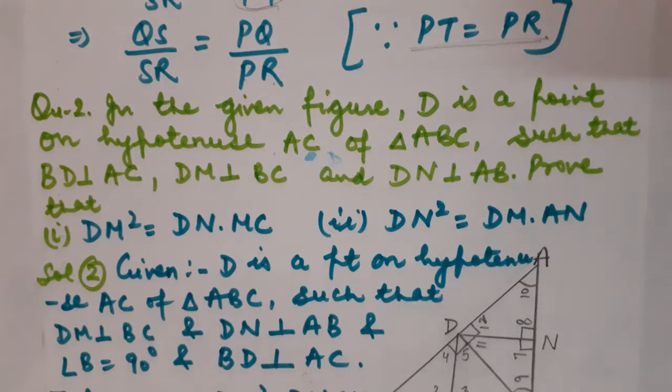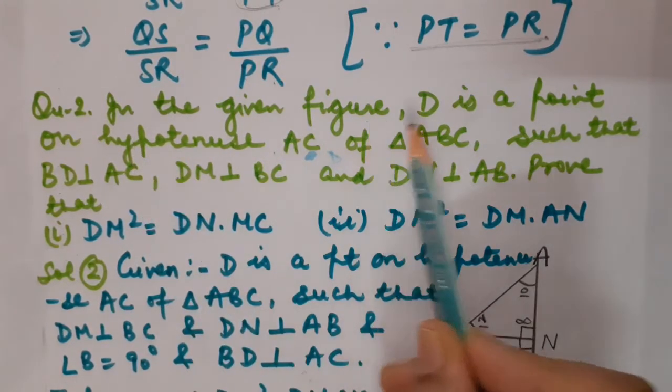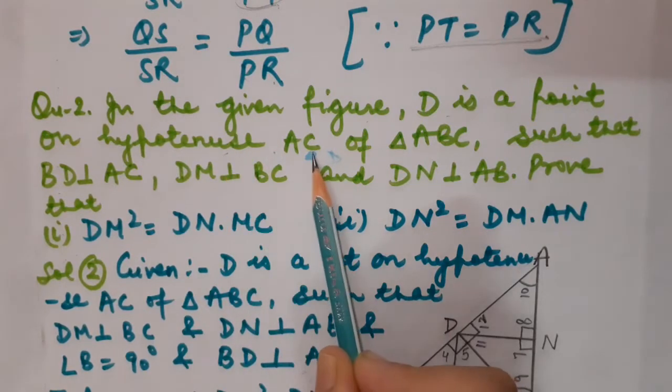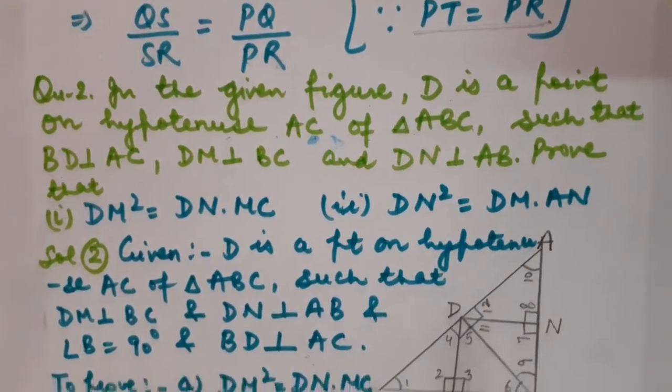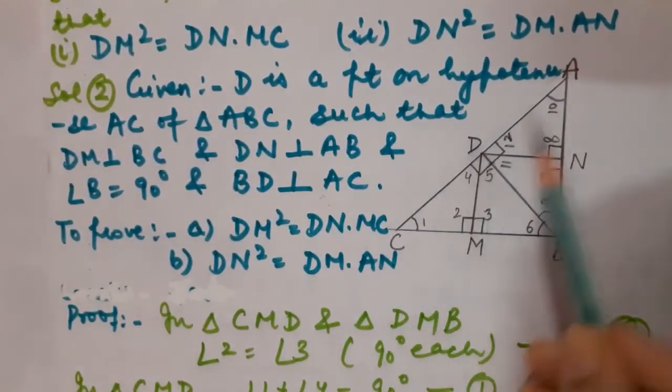Now let us switch to the next HOTS question. That is question number 2. In the given figure, D is a point on hypotenuse AC of triangle ABC. Let us check. There is a right angled triangle.